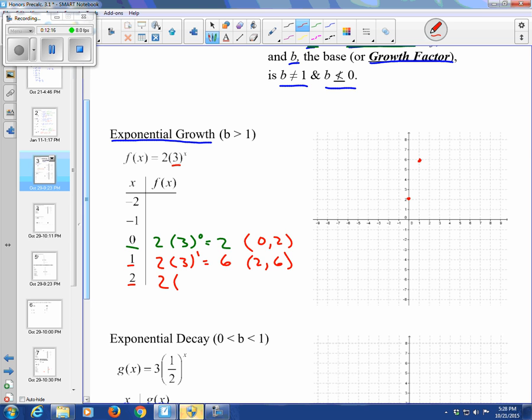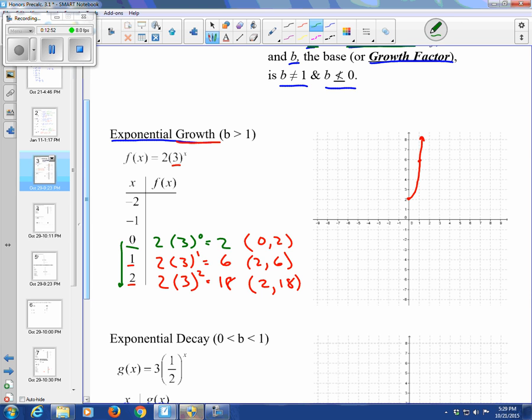As we plug in an exponent of 2, now we've got 3 squared, or 9, times 2 is 18, and we would get the ordered pair (2, 18), and that's not even an ordered pair we can graph on our function. So as we plug in greater exponents, we get larger and larger function values, and that's why we call this exponential growth.